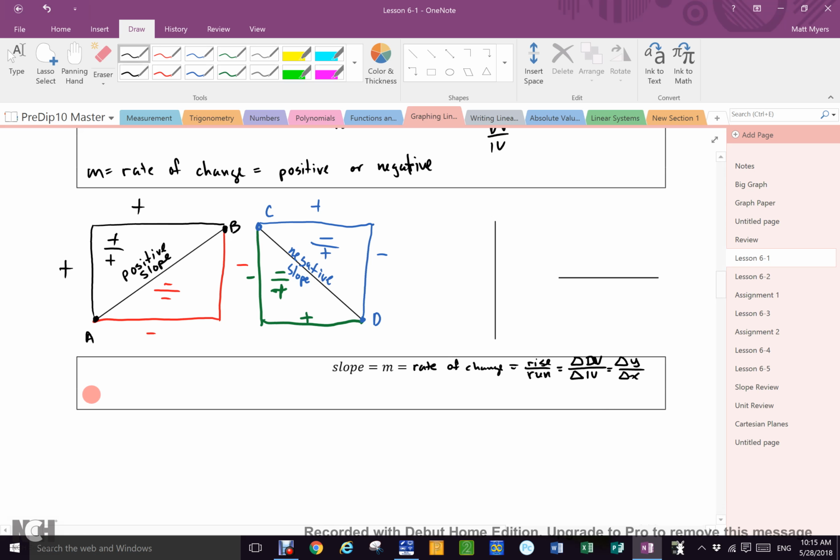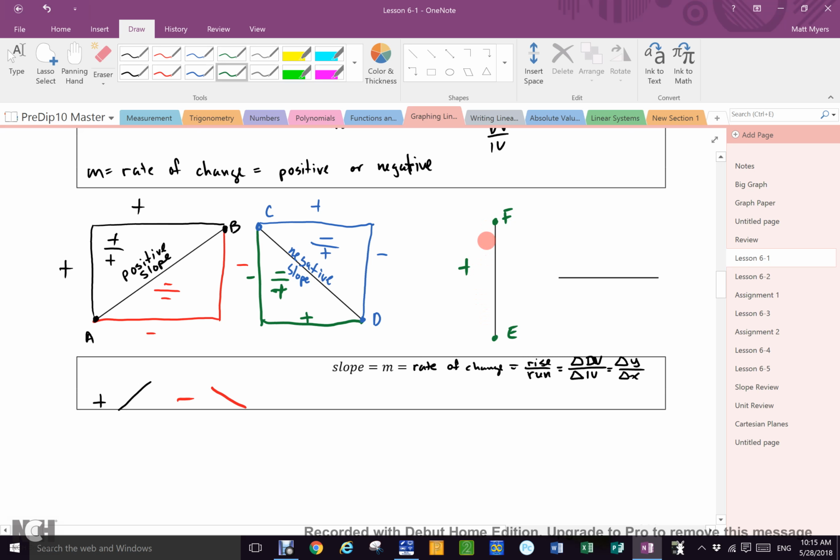And slopes can be positive, which look like that, negative, which look like that, but then there's two other kinds of lines we can draw, isn't there? There's a vertical line, which I have right here, E to F. How do I get from E to F?